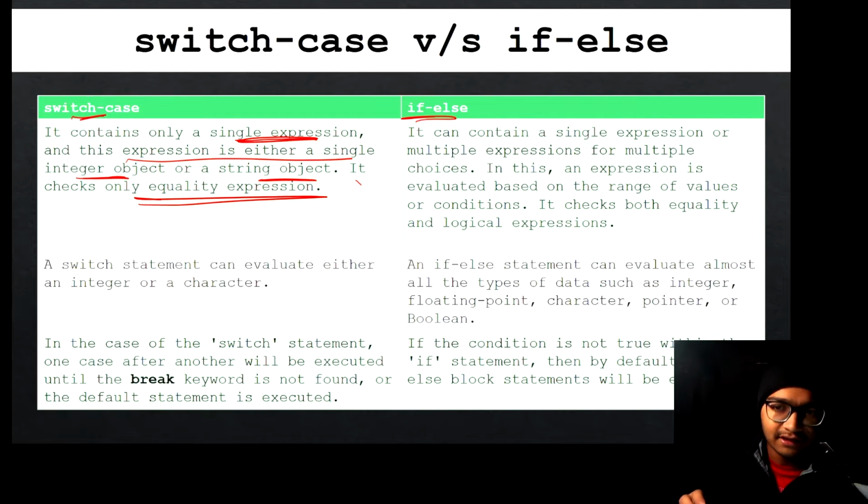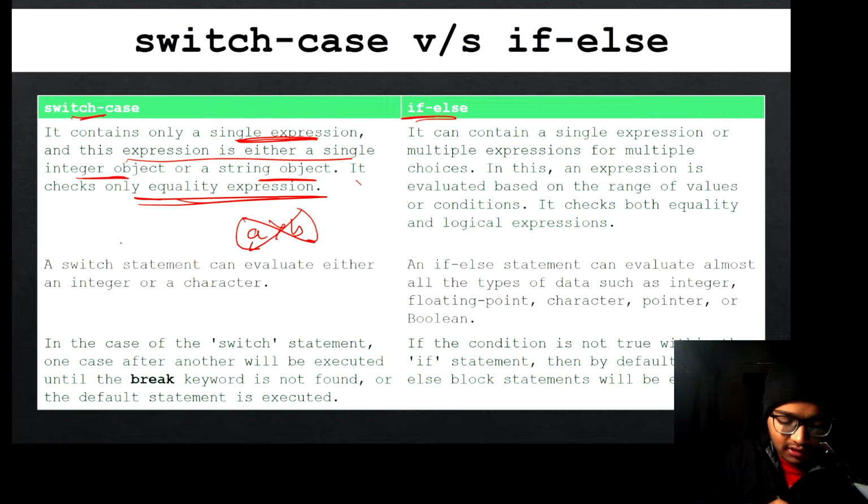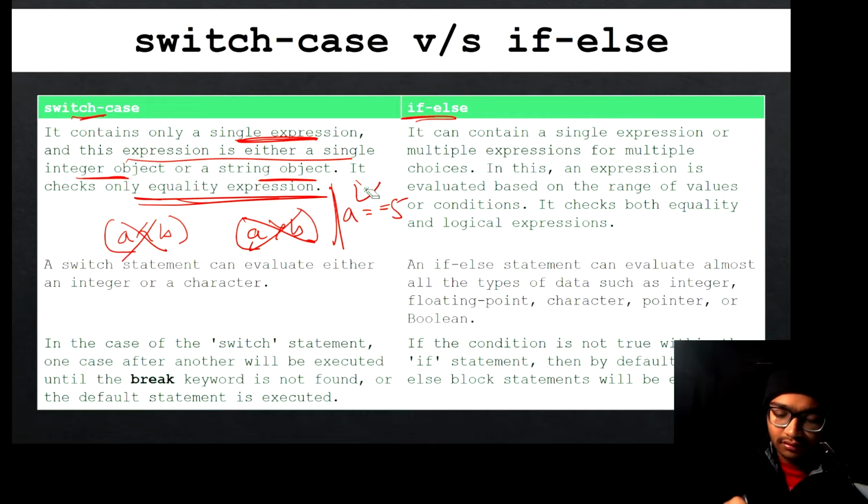Equality means if the values are equal, then only it can check. It cannot check if A is greater than B. No, this is not allowed. It cannot check if A is less than B. This is also not allowed. What can I check? It can only check if A equal to 5. This one is allowed. Or not A equal to 5. It can only check the equality of A with other cases.